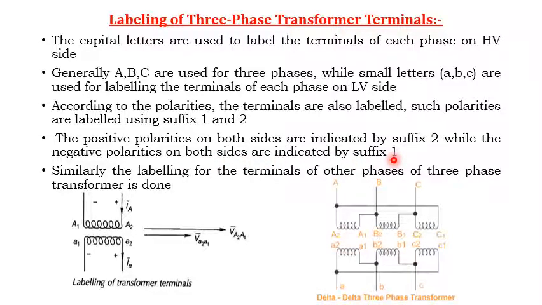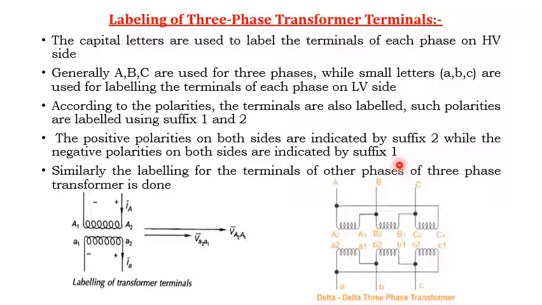So both side negative terminals, the primary side and the secondary side, are indicated by suffix 1. Just consider both sides: if the HV side is there, how can we label the three phases?